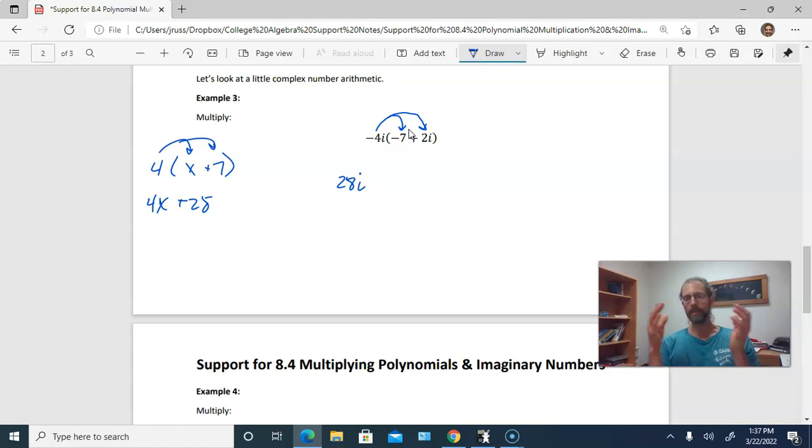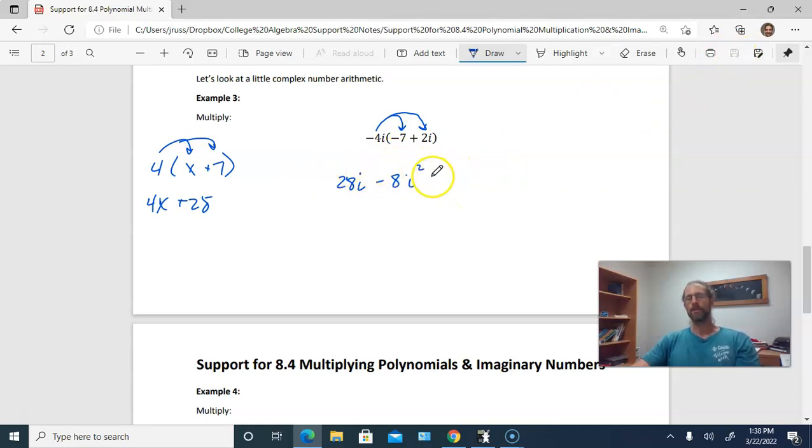So when you're multiplying these i's, it's similar to x's. And then negative 4i times this 2i gives us negative 8i squared. You can't forget the squared part, just for the same reason that x times x is x squared, i times i is i squared.